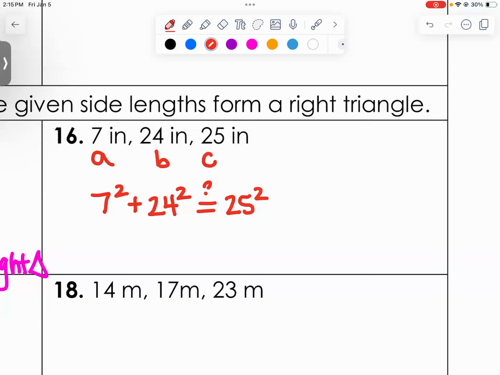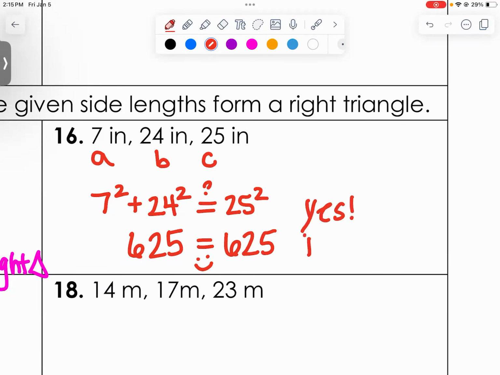So when I add them together, what do we get? You're writing it down. 625, and 25 squared is? They're equal. That makes me happy. Yes, we have a right triangle because the Pythagorean theorem works. Thank you for reading my mind. Okay.